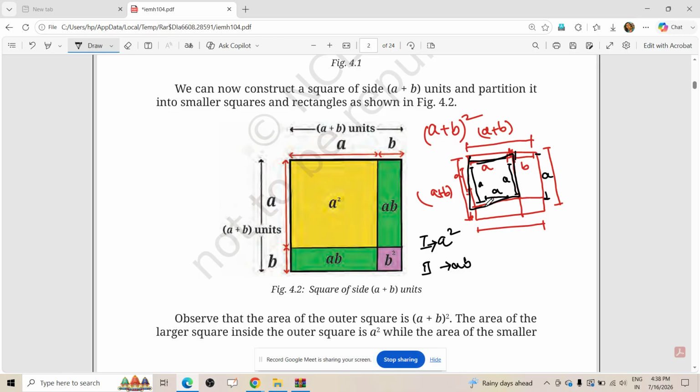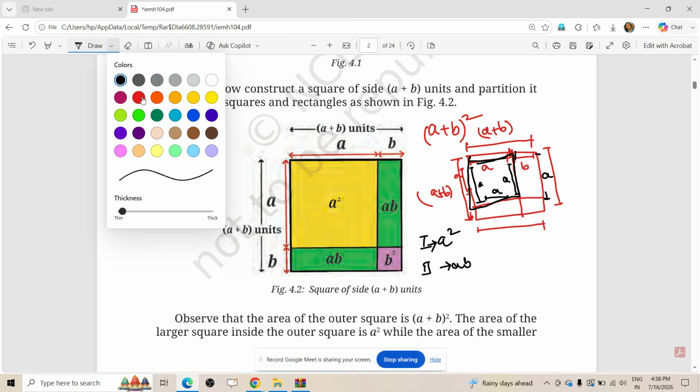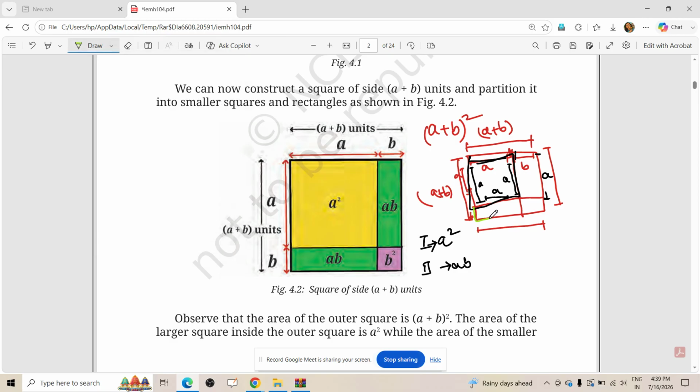Here also, see, this is the third part. Its length is a unit and its breadth is b unit. So what will be the area of this?